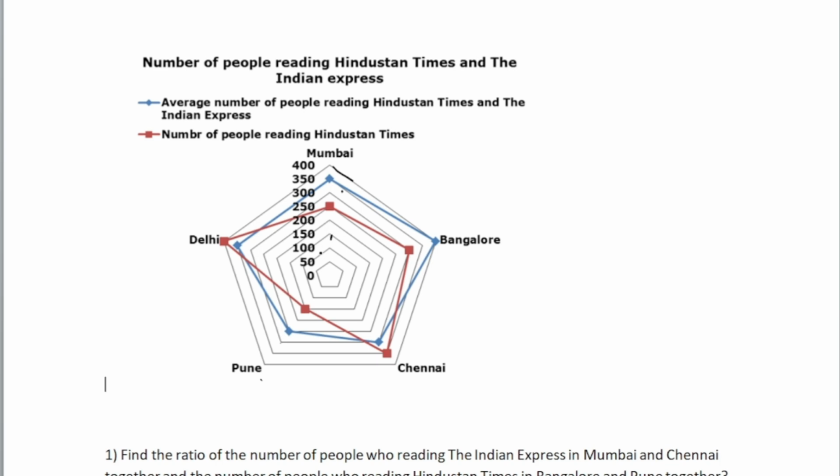This is 150. This is 100. And this is 50. The number of people reading Hindustan Times is given by the red dots or the red lines, and the number of people reading Hindustan Times and Indian Express averagely is given by the blue line.